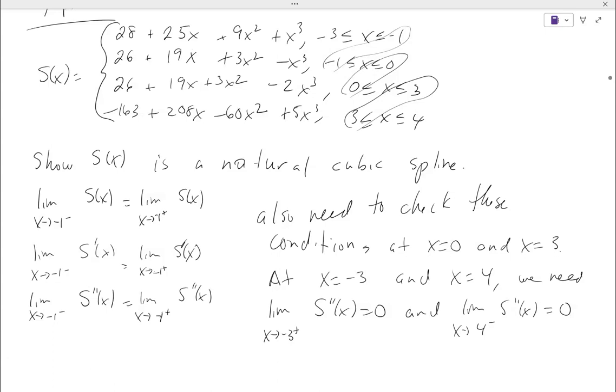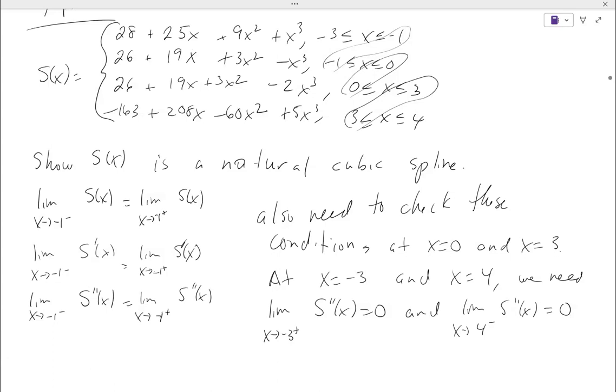How do you choose it so the second derivative equals 0? If the function doesn't have a second derivative 0 at that point, then you're screwed. No, well, this is just saying check to see that it really is a cubic spline. If it's not, then this isn't a cubic spline.